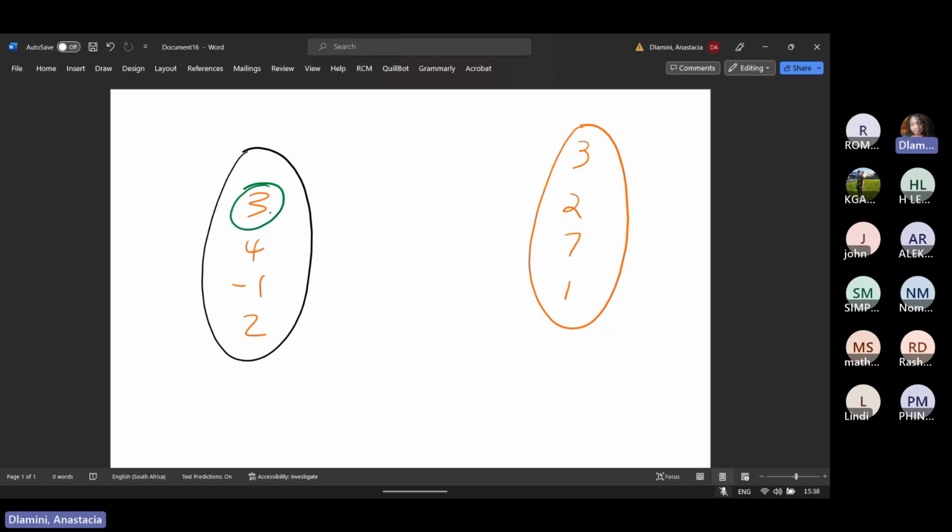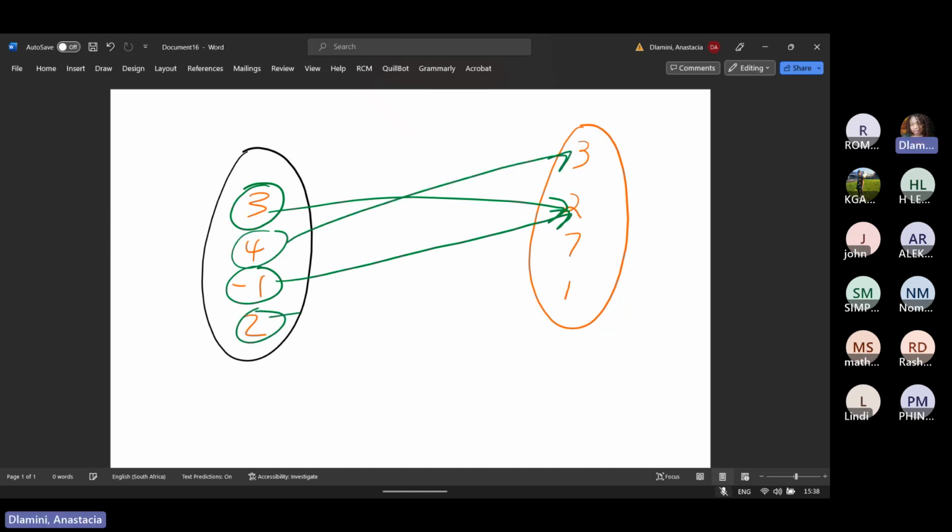This value takes this value, and this one takes its own, and that one takes its own. But 3 and -1 both get 2 if you substitute into the function f of x. Then that is not a one-to-one function. Is that clear?